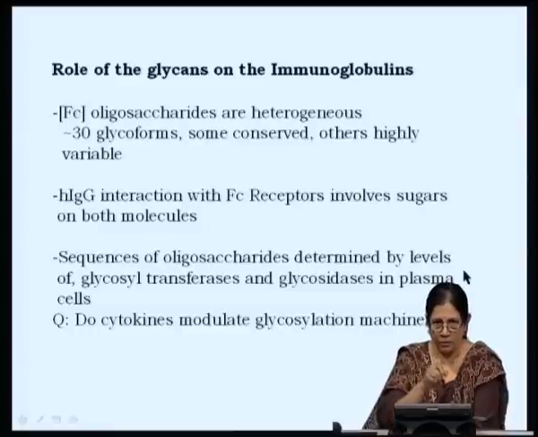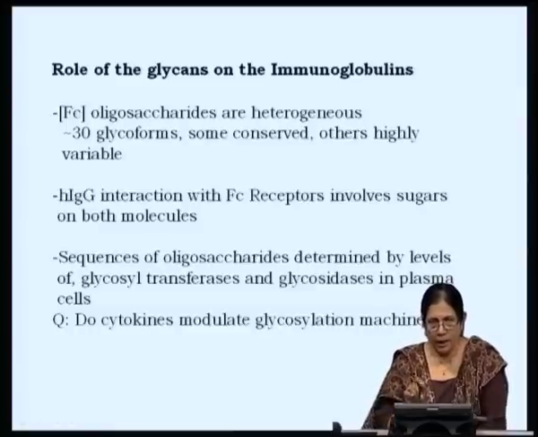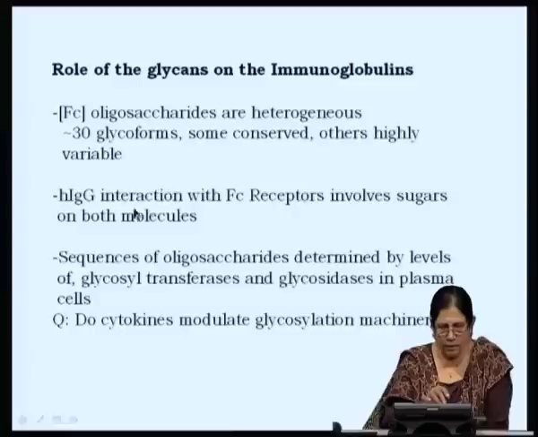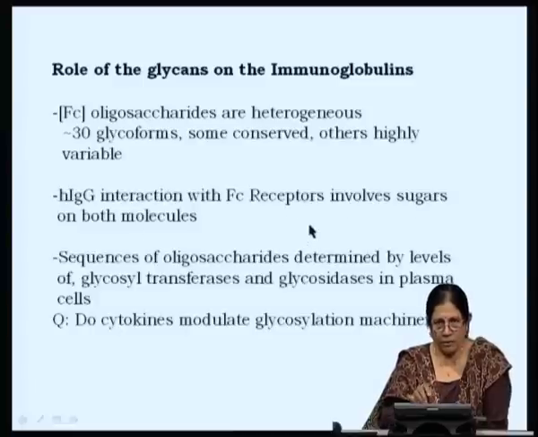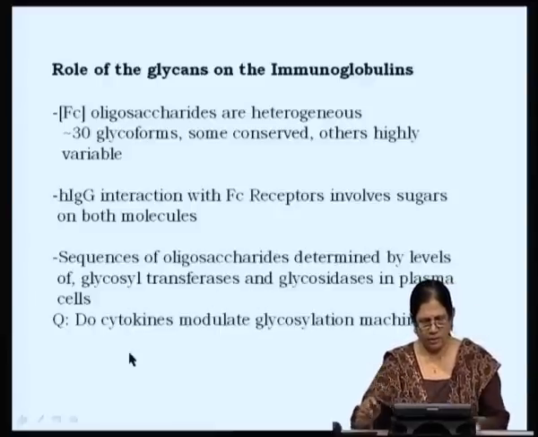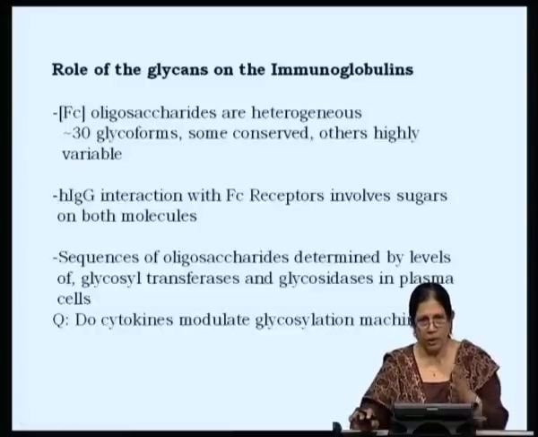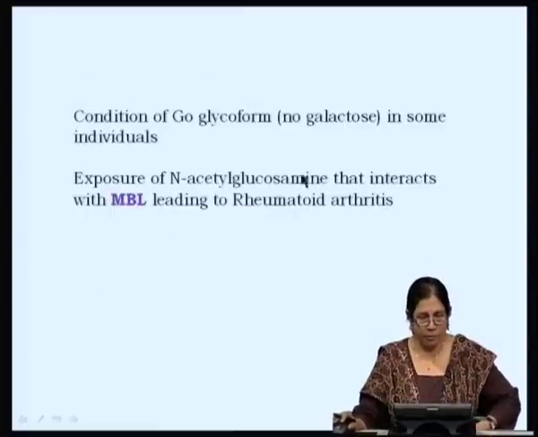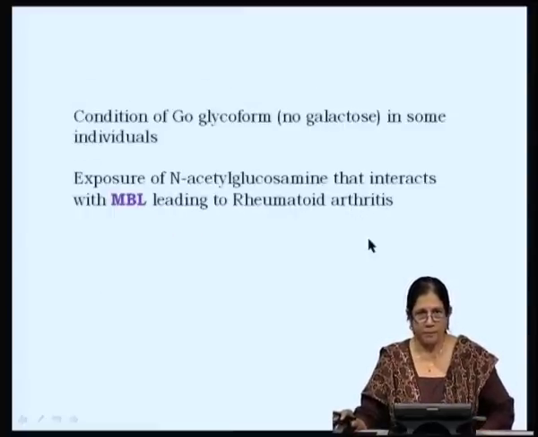I have just told you about the importance of these Fc receptors, and it is the sugars which allow this linking. Decrease in the glycan structure does not allow a tight binding of the immunoglobulin with the Fc receptors. Also, the sequences of these oligosaccharides, the sugars that are present, have been shown to inhibit an autoimmune response, the autoimmune response which might result in rheumatoid arthritis.